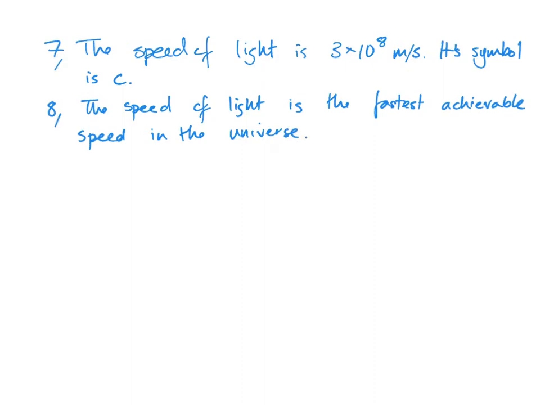Light actually includes other things like microwaves and infrared, what's called the electromagnetic spectrum. All of them travel at the same speed and nothing goes faster. Any object with mass can't get as fast as light. So it's almost a universal speed limit.